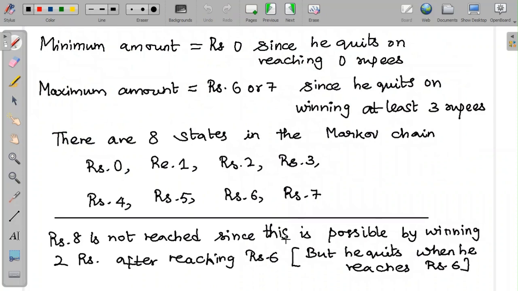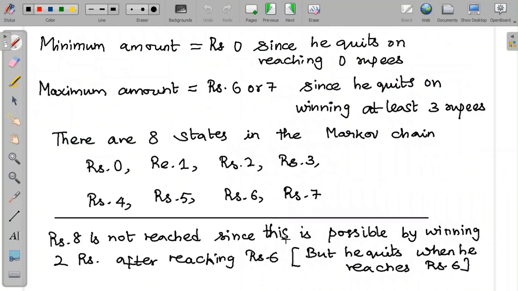So the minimum amount that he can have is 0 because the question says the gambler quits betting if he has lost all 3 rupees that he began with. So to lose 3 rupees after starting with 3 rupees implies that he is with a net sum of 0. And he also quits if he wins at least 3 rupees.